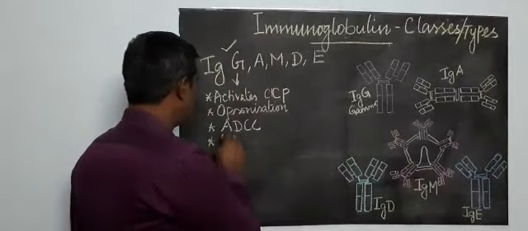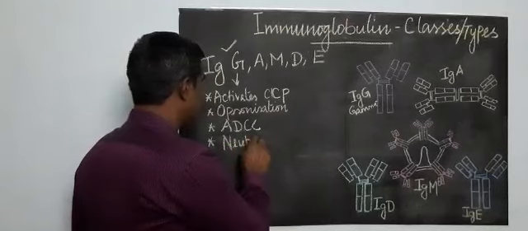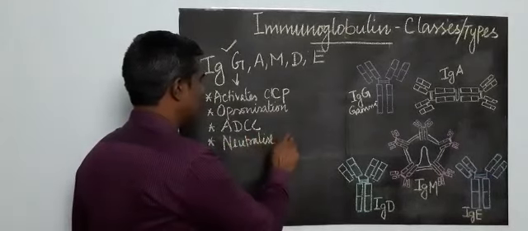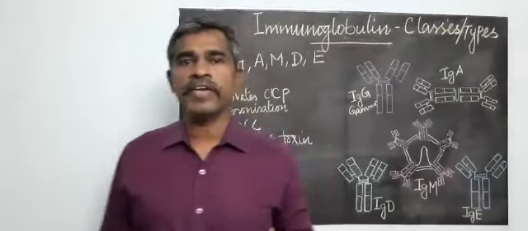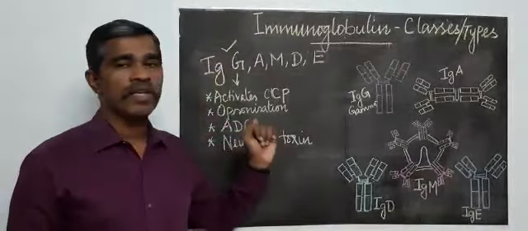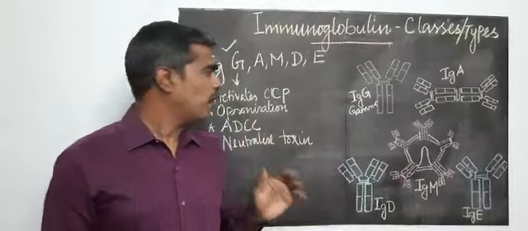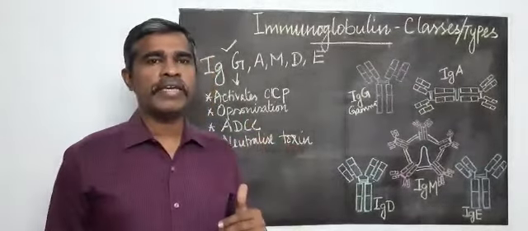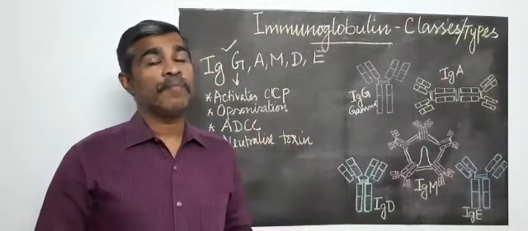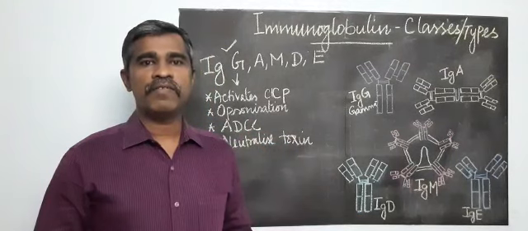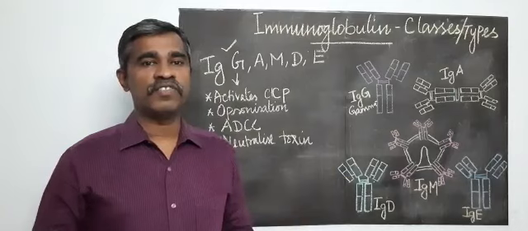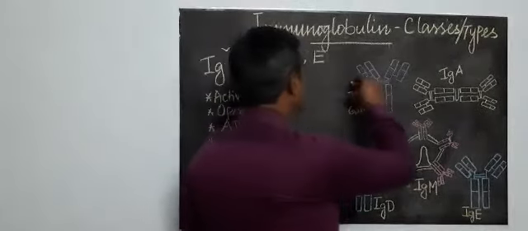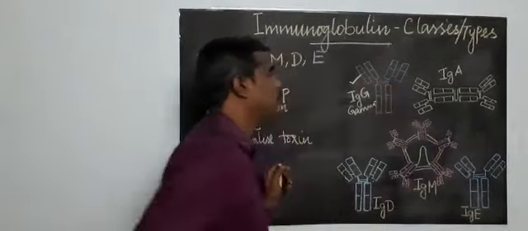It also neutralizes toxins, so it plays a role in the neutralization of toxins. Apart from that, it also plays a role in the hypersensitivity reaction, especially type 2 and type 3 hypersensitivity reactions. So that is with reference to IgG.